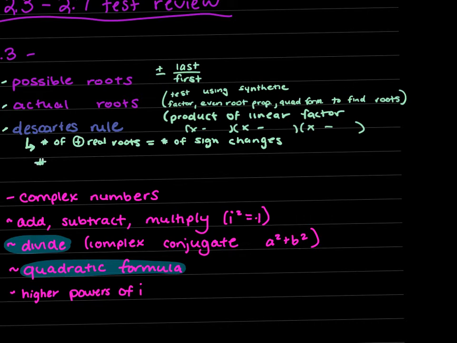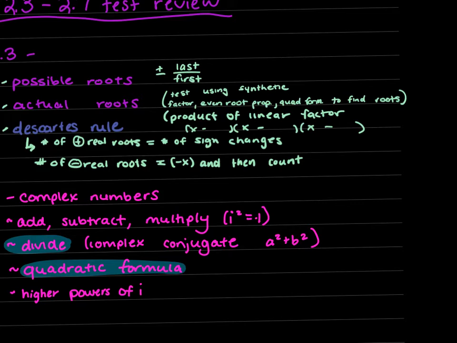And for the number of negative real roots, we plug in a negative x and then count. For both of them, we subtract by 2.